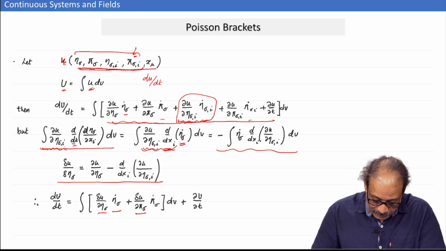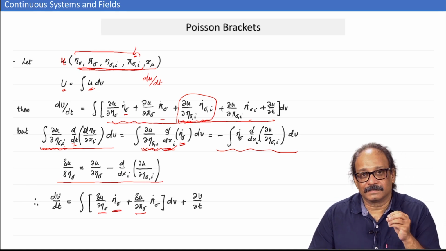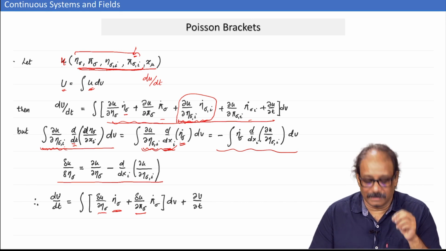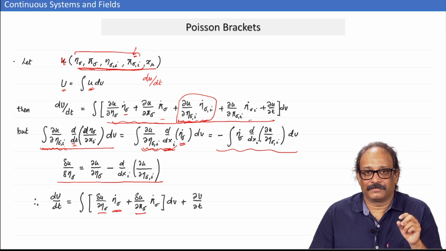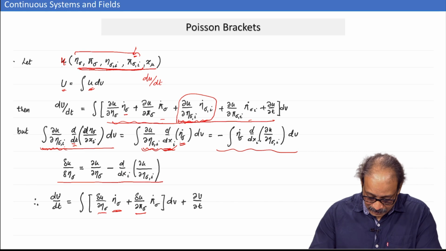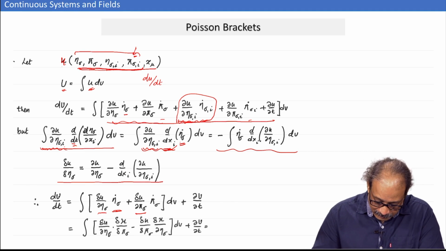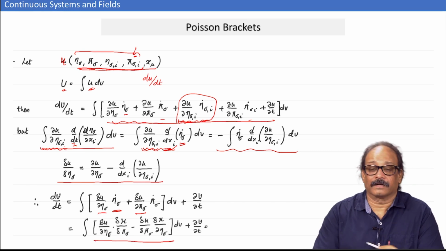And then we have eta sigma dot. What is this? According to Hamilton's equation, eta sigma dot is nothing but the partial of the Hamiltonian density with respect to pi sigma. Fine. So we will add that, and now look here.